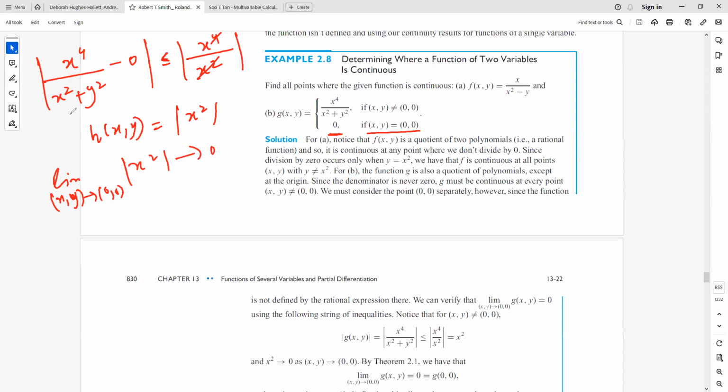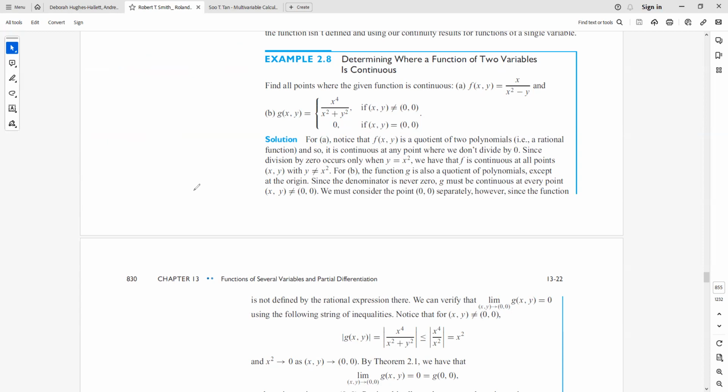It means that the limit of this function exists, because in the function we are given that the value should be 0, and when we check at 0 comma 0, we get that the limit converges to 0 by the definition, right? Because we found a function h of x comma y that bounds this function and is converging to 0. So this function is also converging to 0. Now this is established, right?